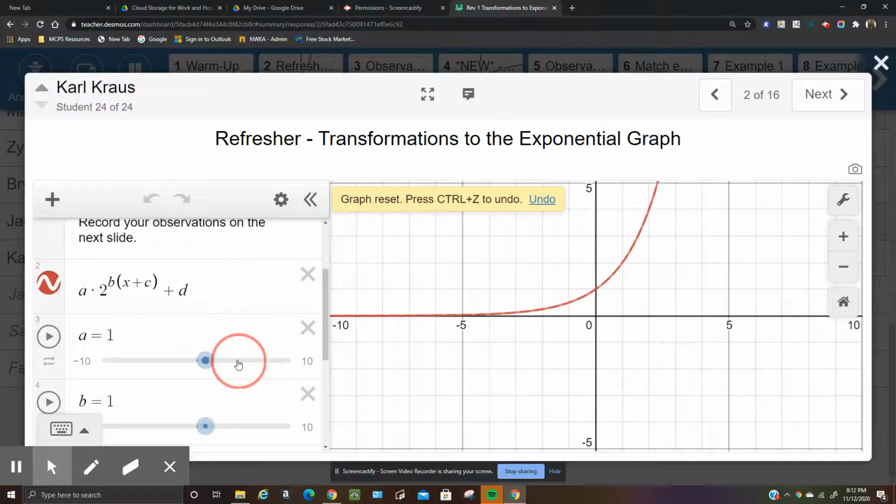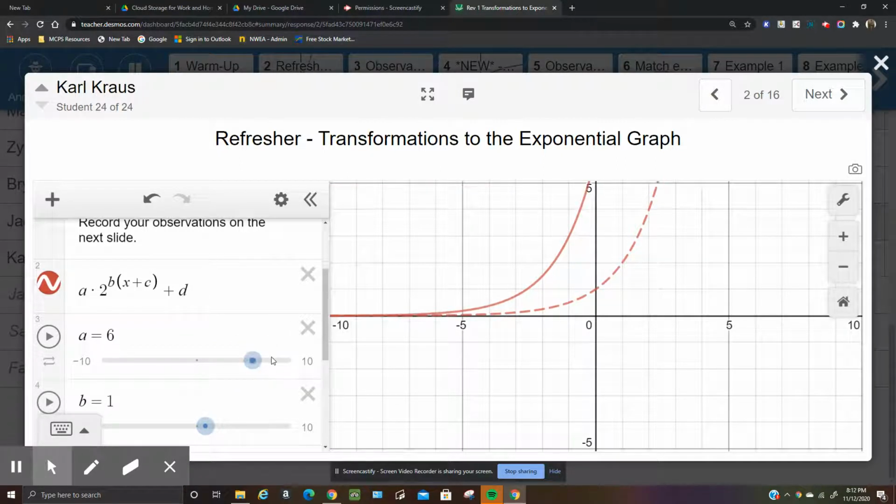A value, when I increase the a value, that causes dilation with respect to the x-axis, or vertical dilation. And if a is negative, it causes a reflection across the x-axis, or a vertical reflection.